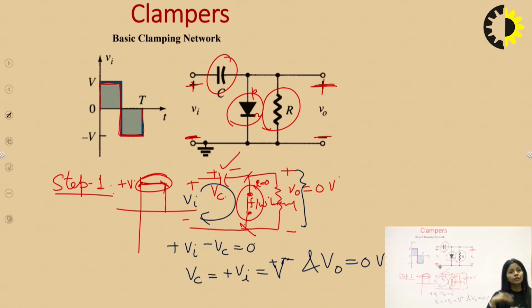This is step 1. Step 1 is complete. Now we are moving towards step 2. See, I told you, whenever you are moving from step 1 to step 2 for any clamper circuit, you have to take the capacitor charge or capacitor voltage the same in step 2. I am going to make the diagram for step 2. Just try to understand.